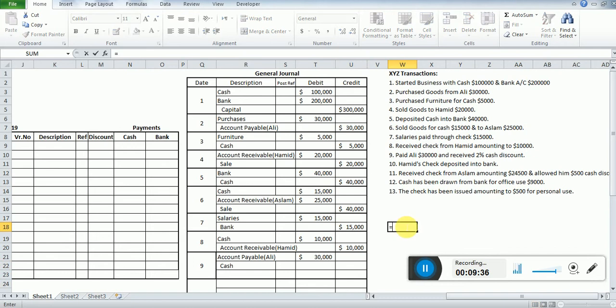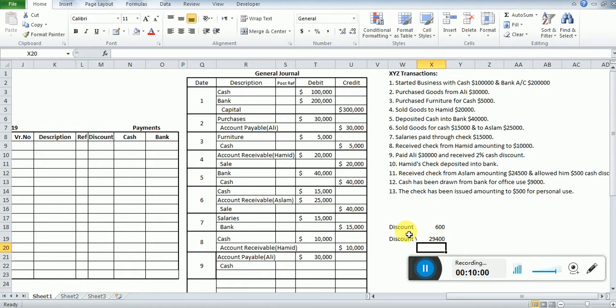So first you should know how much the discount on 30,000 is. If you want to compute the discount, equal sign 30,000 multiplied by 0.02. Okay, 2 divided by 100 is equal to 0.02, multiplied by 30,000. That is equal to how much? $600. So how much is the discounted value? The discounted value is 30,000 minus 600.